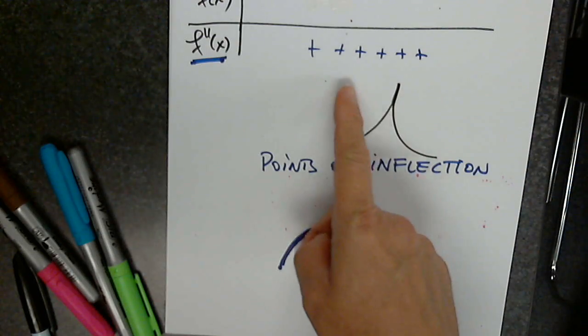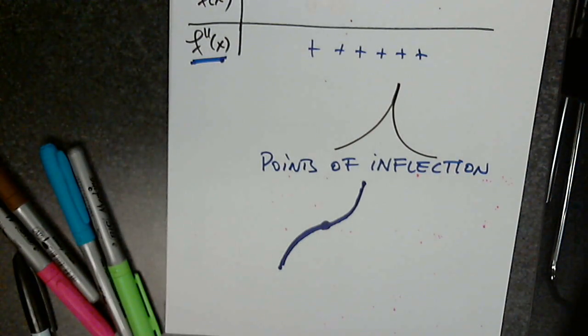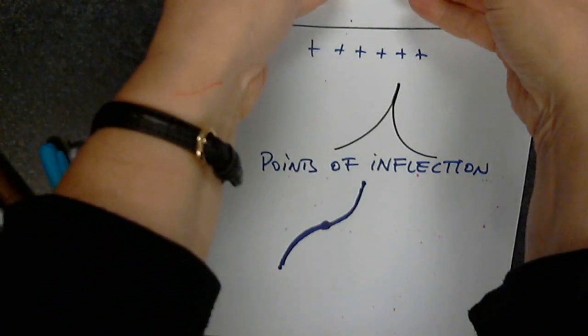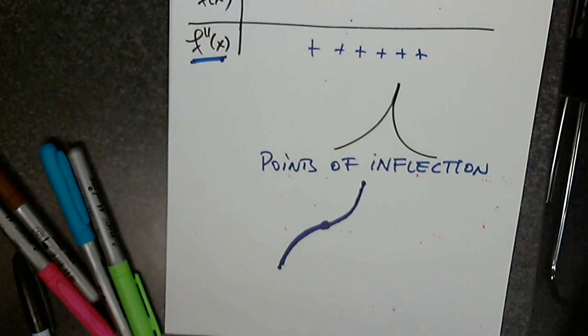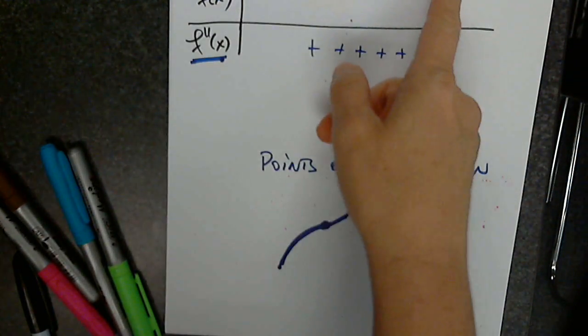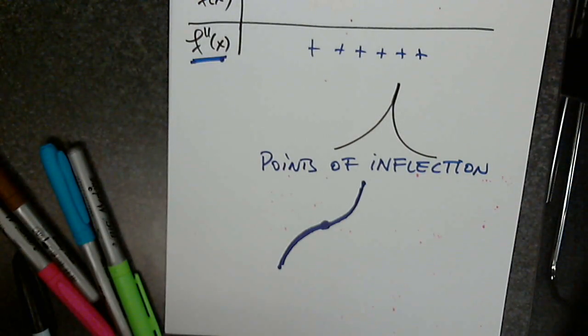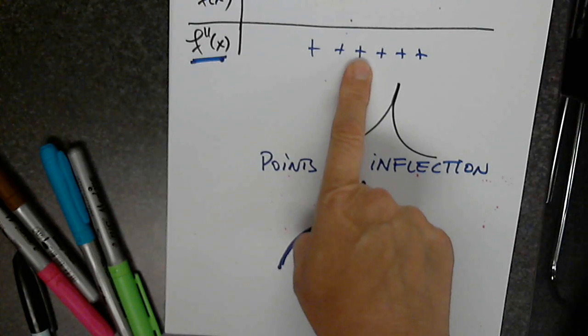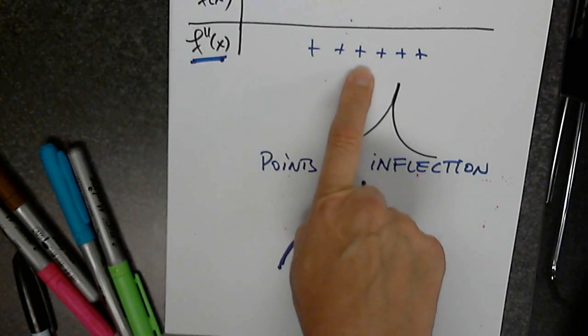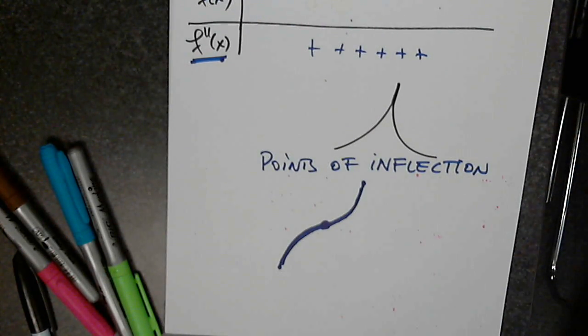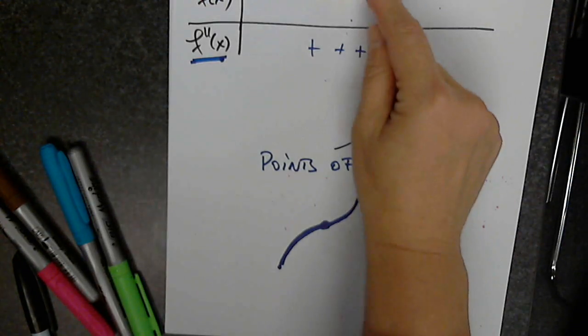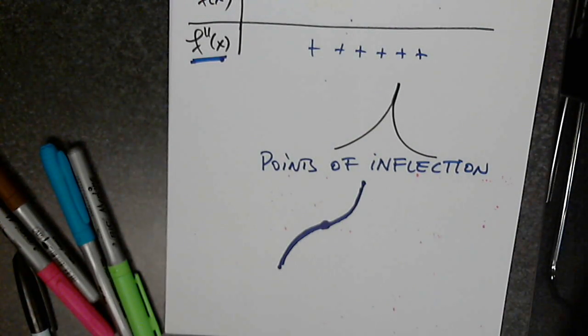When the second derivative is positive, the function opens upward. What type of point is this? Now, I did not study the sign of the derivative. I don't know if it's positive, negative, or negative, positive. But I know that the first derivative is 0, and I know that when the second derivative is positive, the function is concave upward. So what point is this, for sure? Local or absolute minimum? Absolutely.